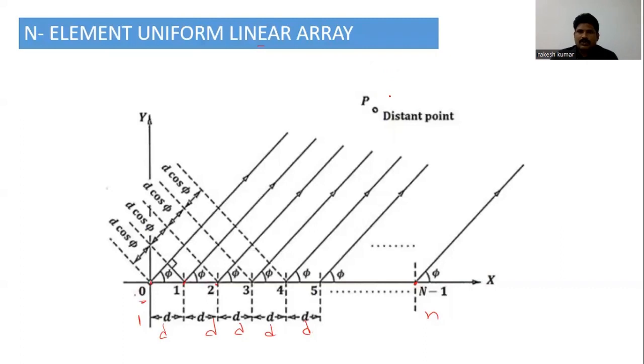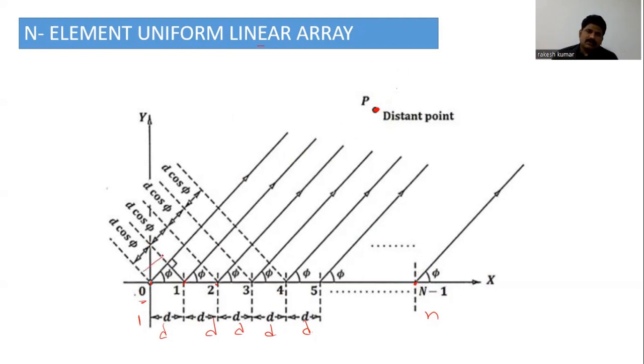Let us take this point P, which is the point of observation. Different signals will reach that point P after different times. No doubt, for the element which is nearer to the point of observation, the radiation comes first.